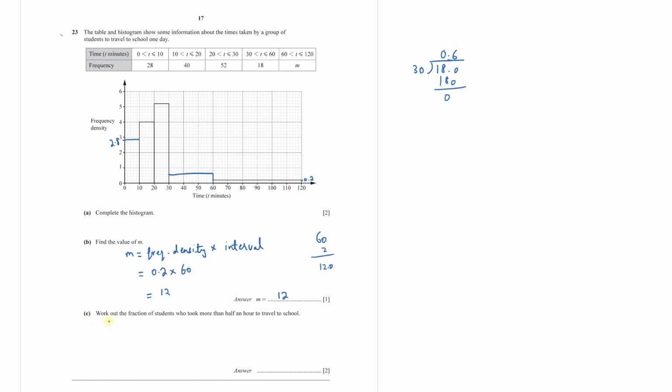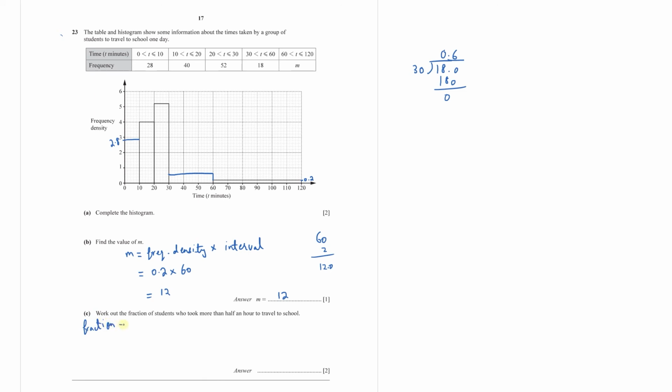Part C is work out the fraction of students who took more than half an hour to travel to school. This fraction would be the number of students who took more than half an hour, divided by the total number of students. So let me write it here.